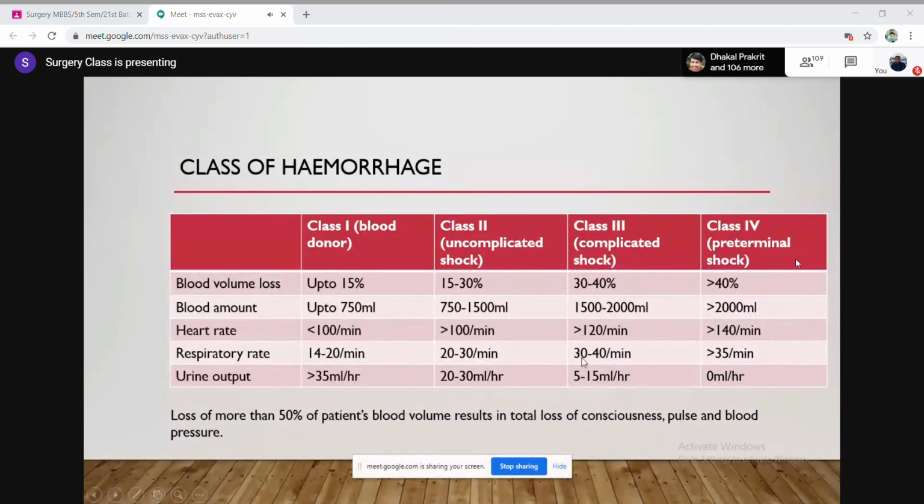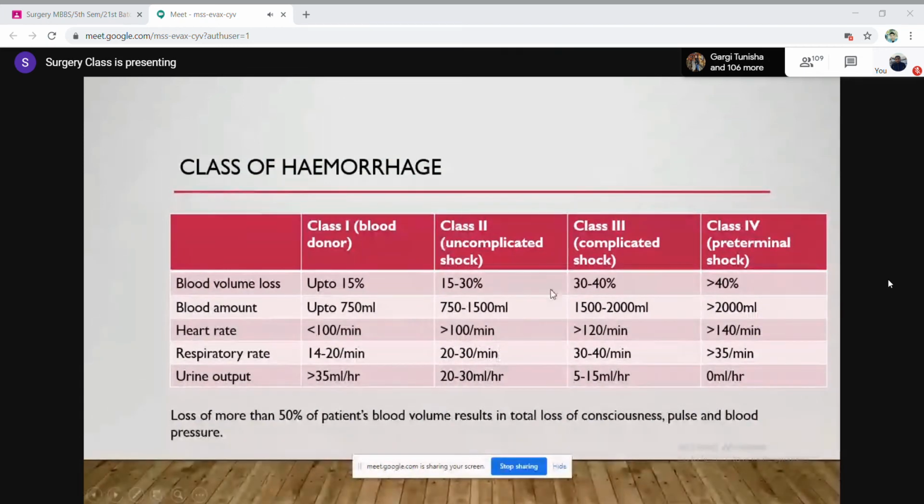Looking at the respiratory rate, in class 1 you have absolutely normal, 14 to 20 per minute. In uncomplicated shock, or class 2, you begin to worry a little bit because now the patient is slightly tachypneic, slightly fighting for breath.